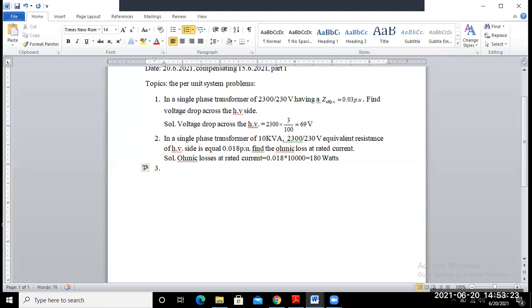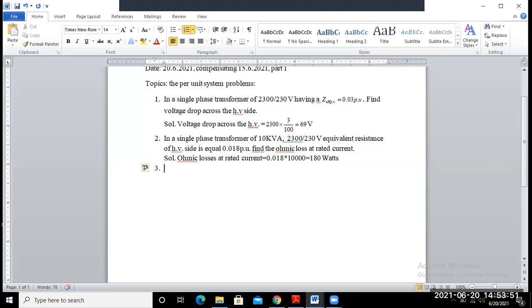Now consider one more problem. Suppose the equivalent resistance, reactance and impedance in per unit of the LV side are equal to those of the HV side. Both sides are equal, if the per unit value is equal. Is it clear?